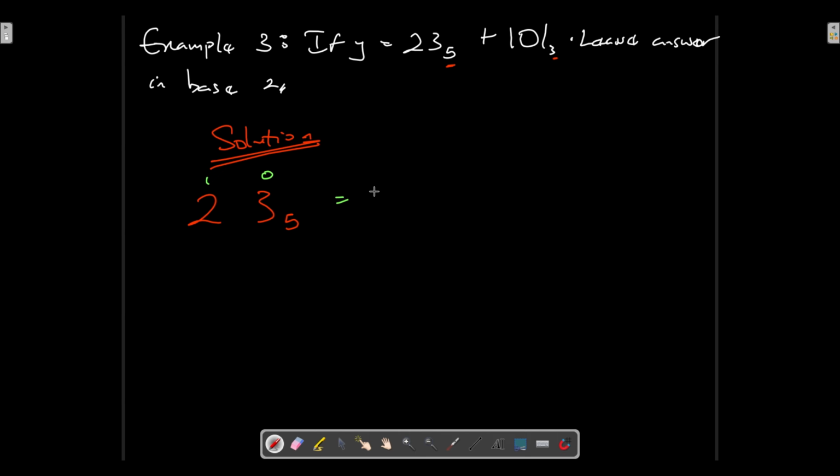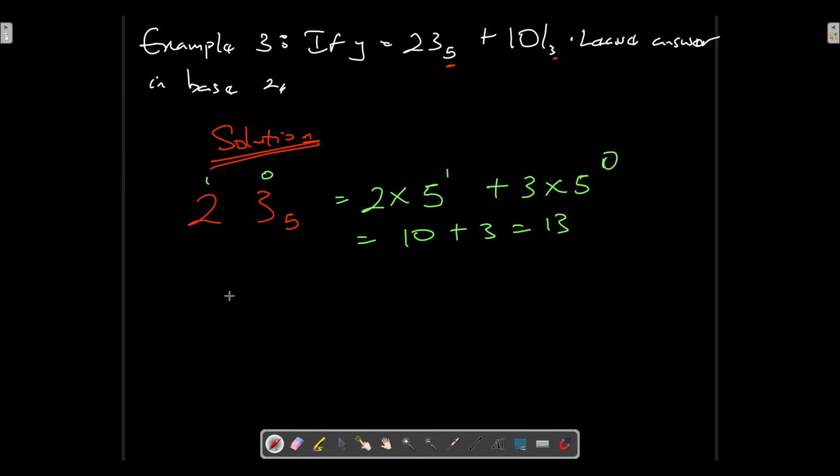So this becomes 2 multiplied by 5 raised to power 1 plus 3 multiplied by 5 raised to power 0. And this becomes 2 times 5, basically that's 10, plus 3 times 1, anything raised to power 0 is 1, so that's 3, is equal to 13. So 23 base 5 is 13 in base 10.